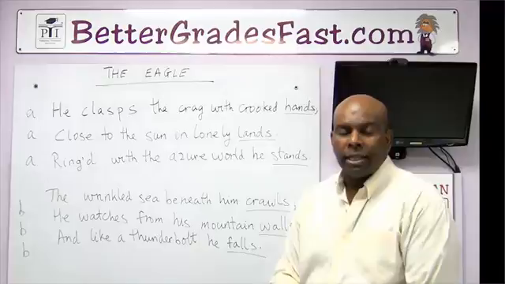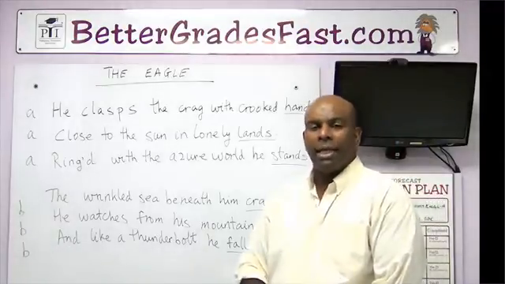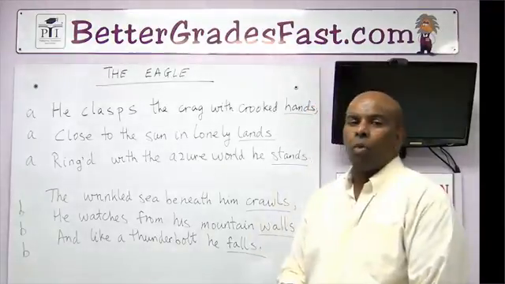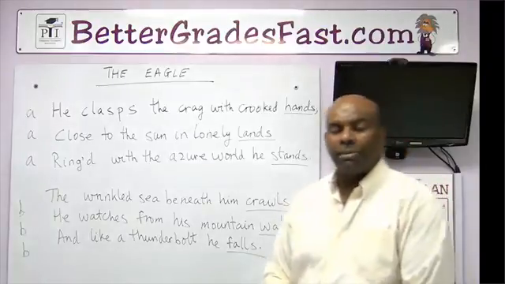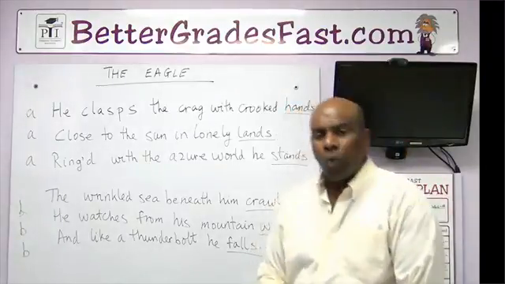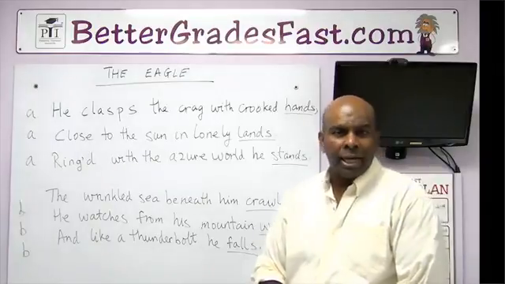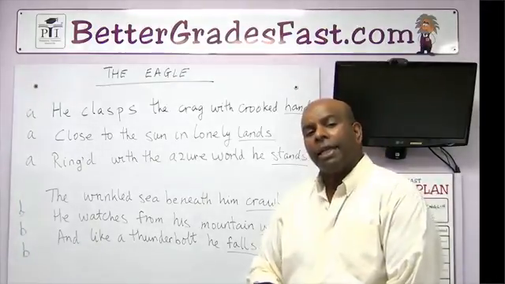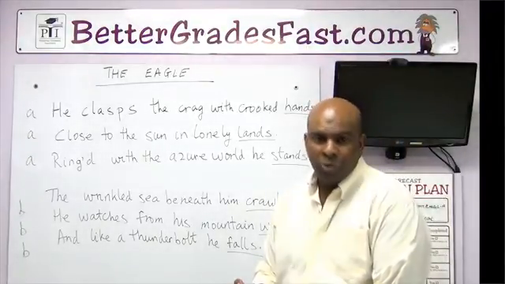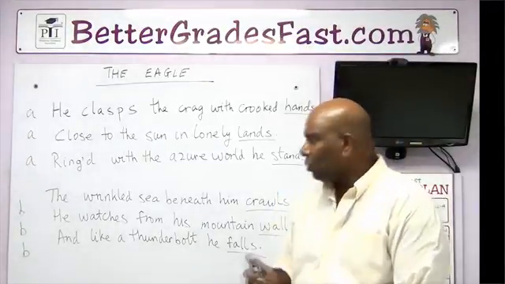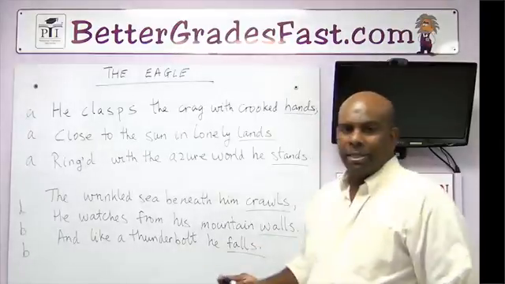So Jack and Jill. Jack and Jill went up the hill to fetch a pail of water. Jack fell down and broke his crown. Jill came tumbling after. Water and after rhymes. That's the second and fourth line. Hill and crown, they don't rhyme. So that's a rhyme scheme.